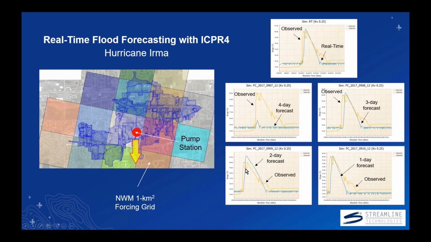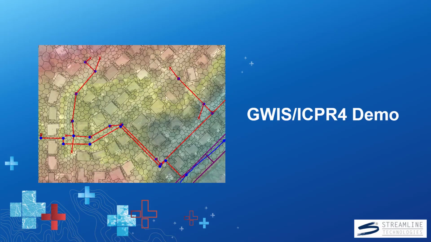And then it was backed up by the 2-day forecast and the 1 day. So with that information, there might have been enough time to lower the levels in that pond system and create more storage. They didn't know that, and there was a lot of flooding in that area during Hurricane Irma in 2017.